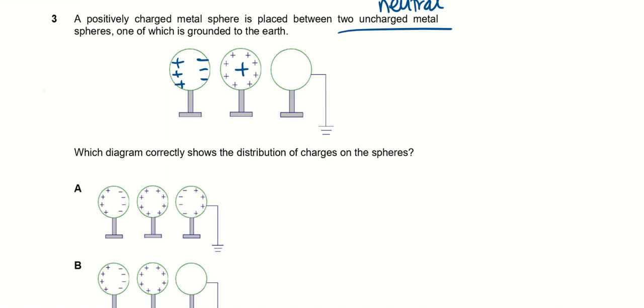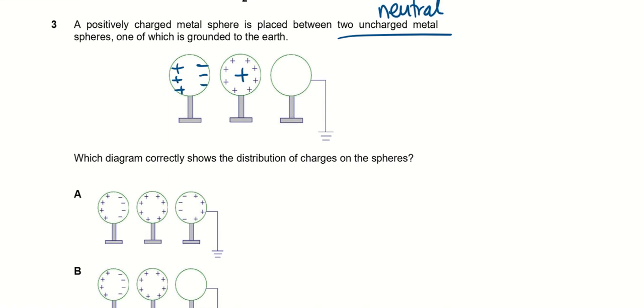For the metal sphere on the right hand side, the electrons will also be attracted to the positively charged sphere, leaving behind the positive charges on the right hand side of the sphere.